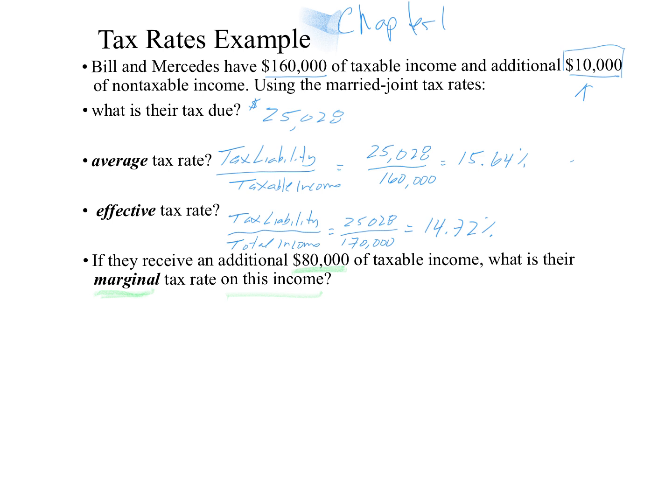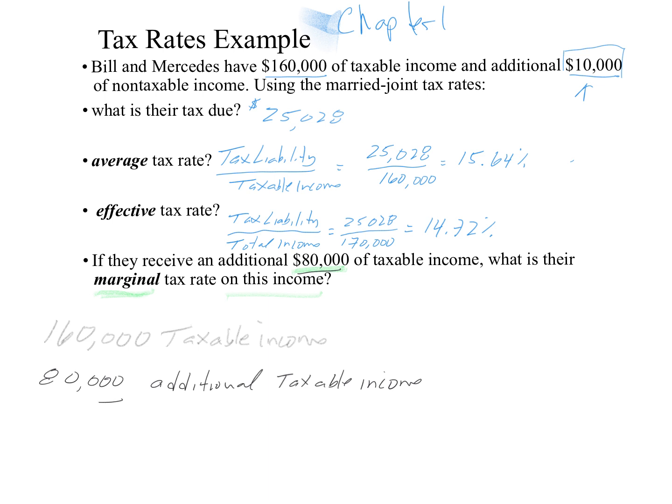So first, all right, we know that they started out with $160,000 of taxable income, all right? But then they get this $80,000 of additional taxable income.